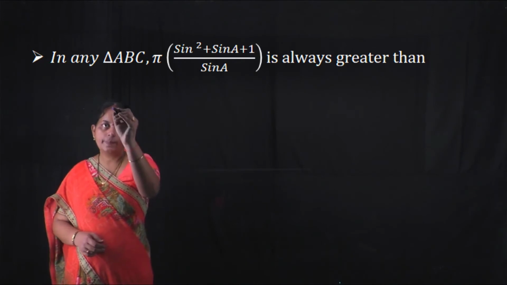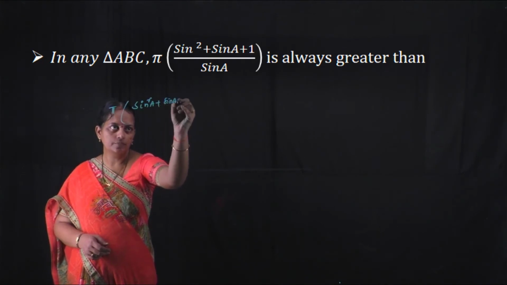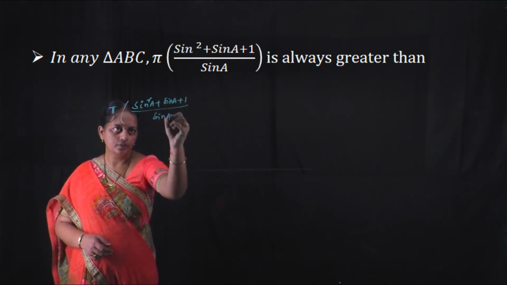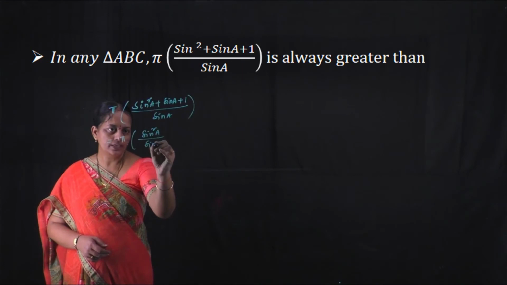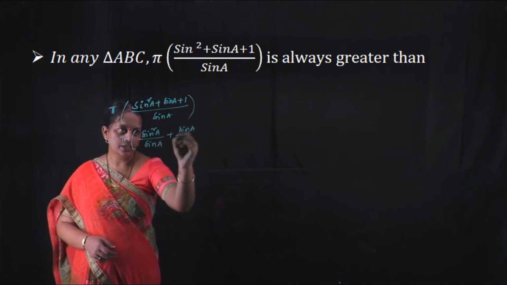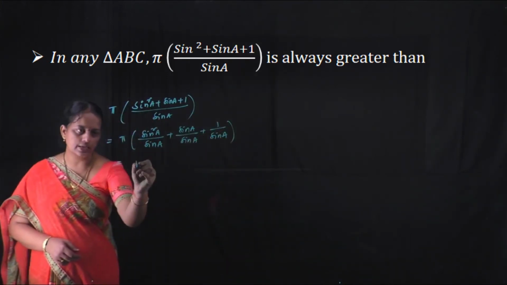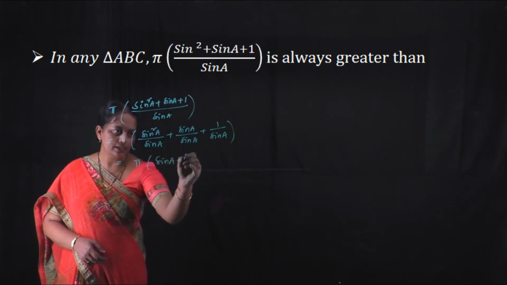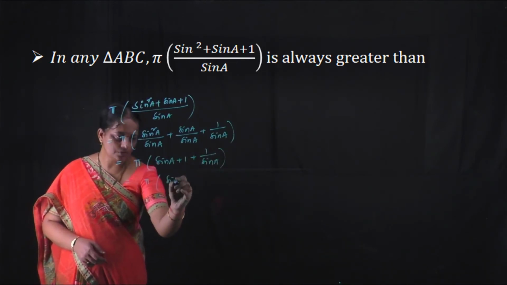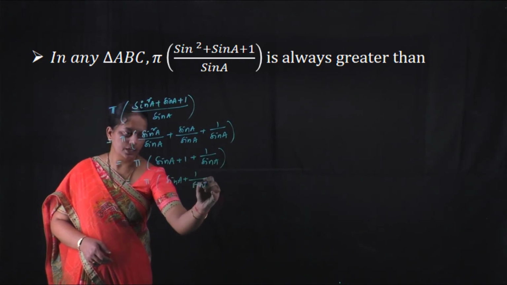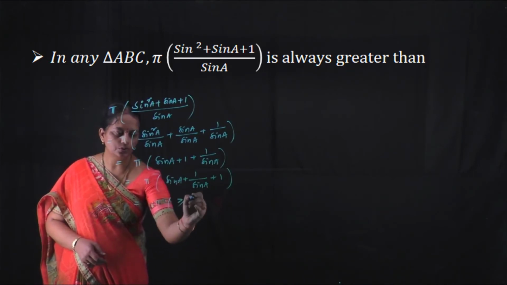Okay. Consider pi of sine square A plus sine A plus 1 by sine A. It can be split into three terms, that is sine square A by sine A plus sine A by sine A plus 1 by sine A. Like in the previous question, this is equal to pi of sine A plus 1 plus 1 by sine A. This is equal to pi of sine A plus 1 by sine A plus 1, and we know that sine A plus 1 by sine A is always greater than or equal to 2, and we have plus 1.